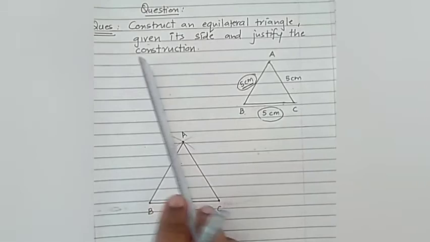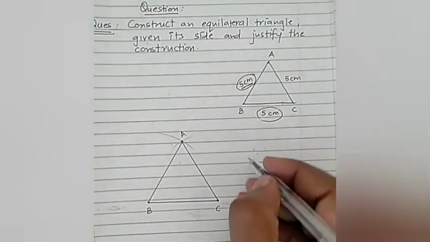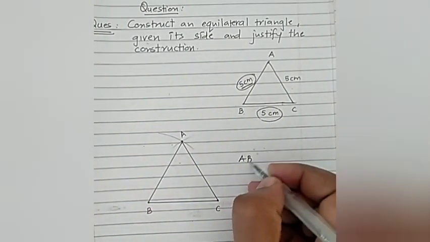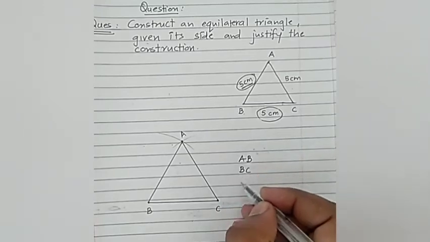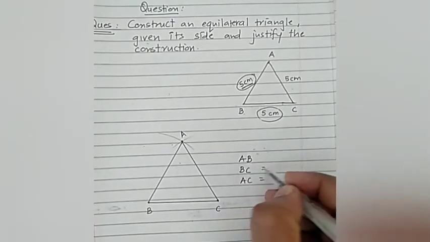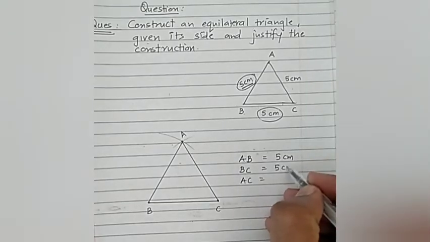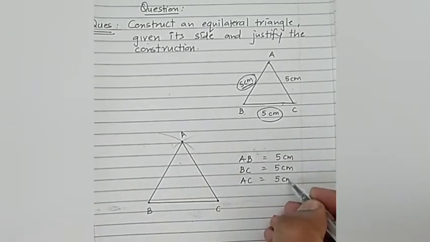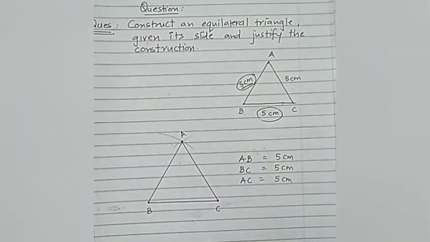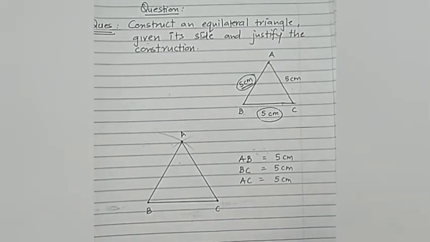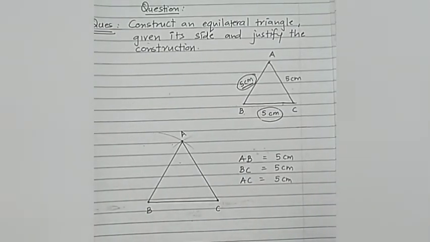Now the question asks us for justification. You could easily say that AB, BC and AC, all of them, if you measure by your ruler, are equal to 5 centimeters. And hence the triangle that you have constructed is an equilateral triangle ABC with the given side as 5 centimeters. I hope you have understood all the questions of NCERT exercise 11.1.